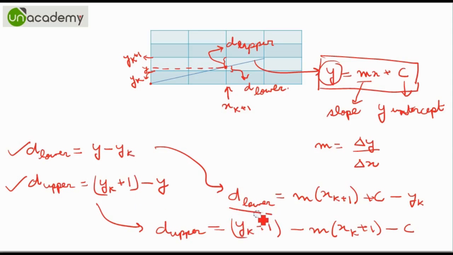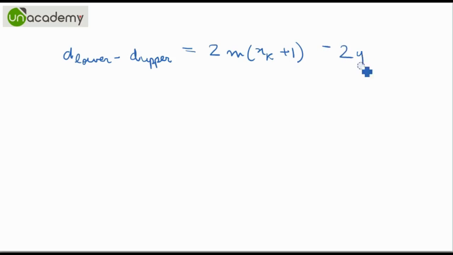Now we will subtract d lower minus d upper. When we subtract d lower minus d upper, we get 2 times m times xk plus 1 minus 2 times yk plus 2 times c minus 1, and we know that m is the slope, that is change in y upon change in x.